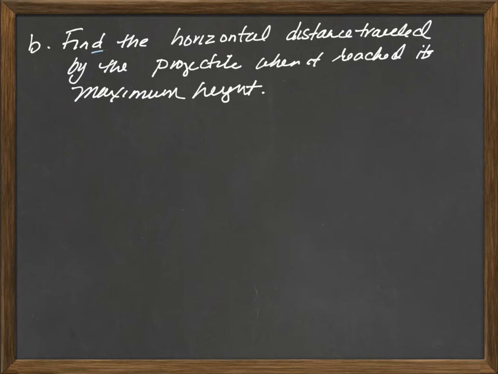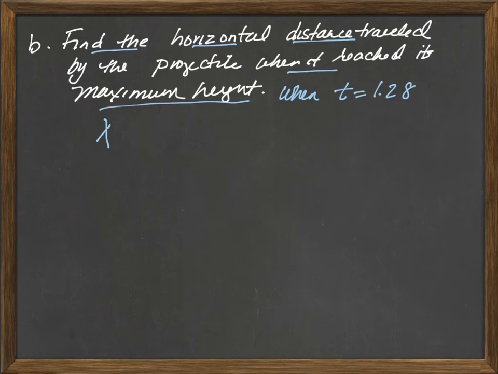Okay, part B says find the horizontal distance, that's our x, traveled by the projectile when it reached its maximum height. So what time was its maximum height? It was at t equals 1.28. So let's remind ourselves of our formula. We would use the x because we want horizontal distance, and x is equal to t v naught cosine theta.